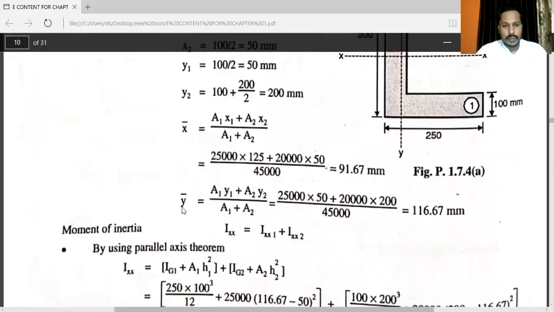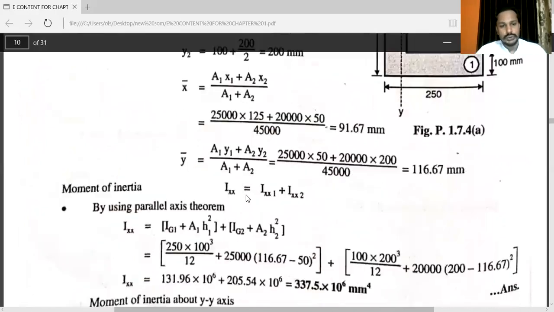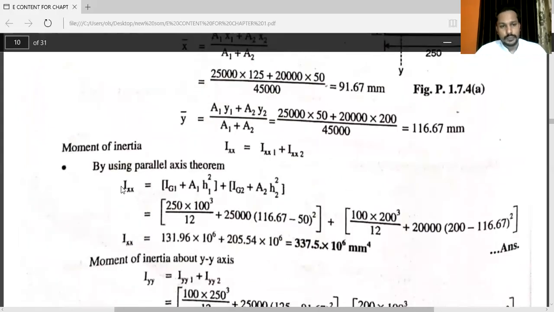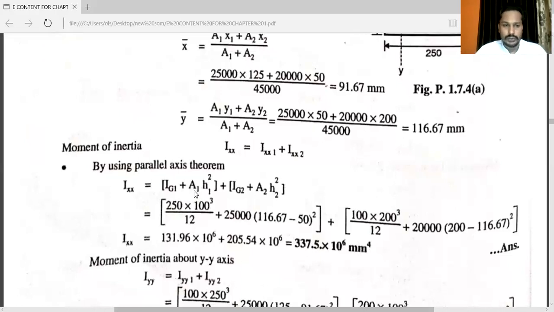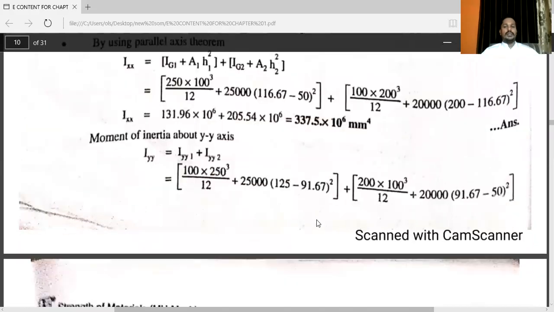While calculating y bar, you have to take y1, y2, area 1, area 2. See, this is the parallel axis theorem. You have to consider IG1, IG2, A1, H1, all the distances you have to take in a proper way, you will get the proper answer.